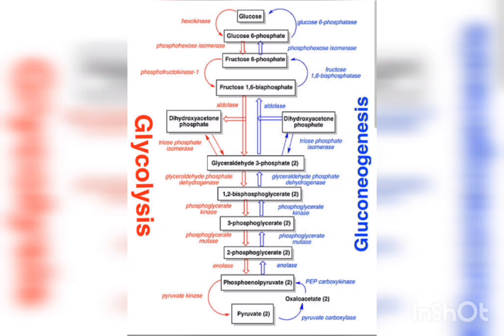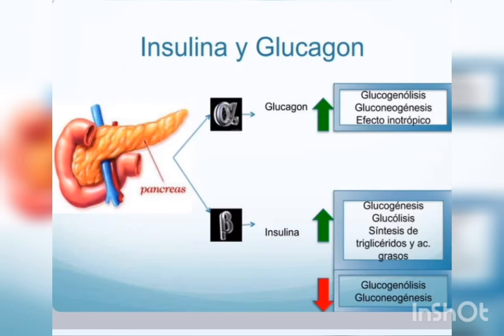During glycogenolysis, glycogen is broken down into glucose 1-phosphate by the enzyme glycogen phosphorylase. Glucose 1-phosphate is converted to glucose 6-phosphate, which can be used as an energy source.